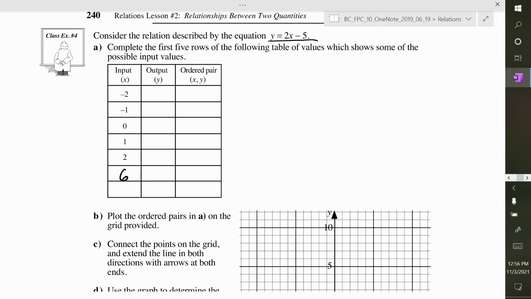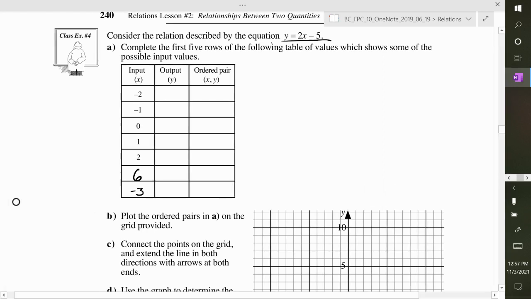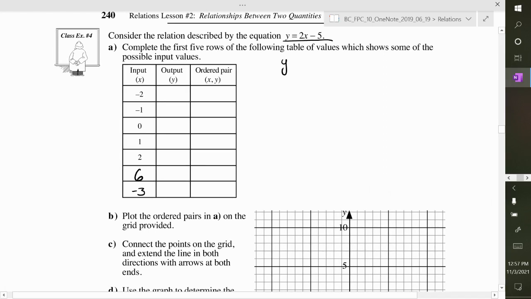Give me another number. -3. All right, so these are our x values. They go in for x.